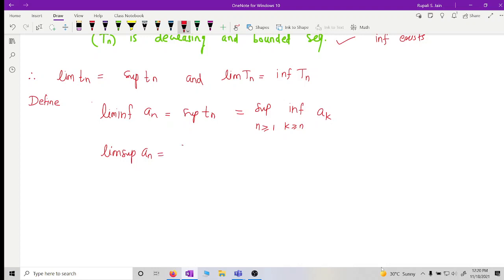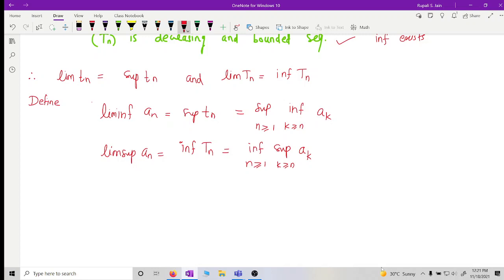I can define it as infimum of capital Tn. What is infimum of capital Tn? Infimum taken over n greater than or equal to 1, of supremum taken over k greater than or equal to n, of small ak. Is that okay? I can define it like this.